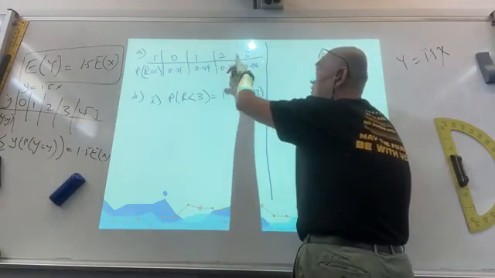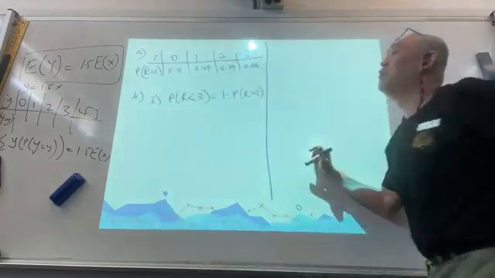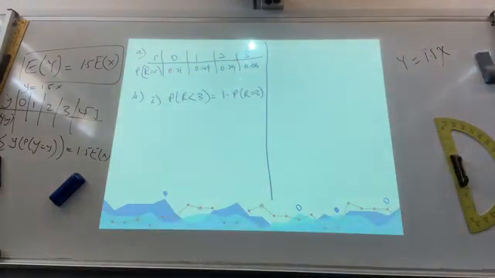Because it's less than 3, you want this bit, 0, 1 or 2. And therefore, it's 0.74. But there's nothing in between. It is not possible to have 1.5 rabbits survive. Yeah? It's not possible to have 1.5 rabbits survive.